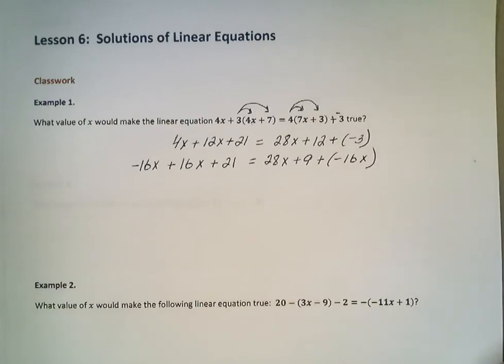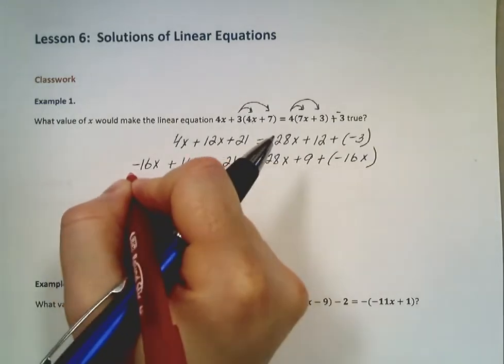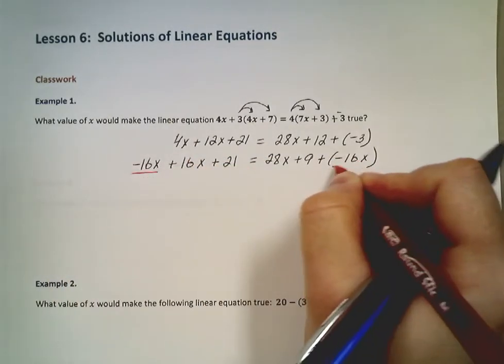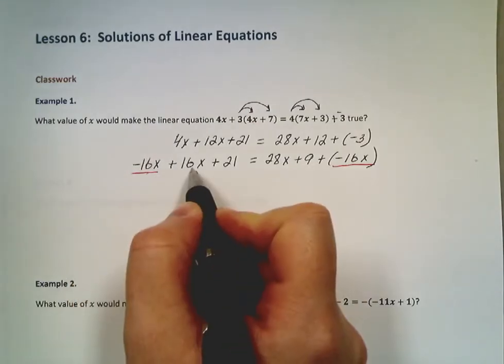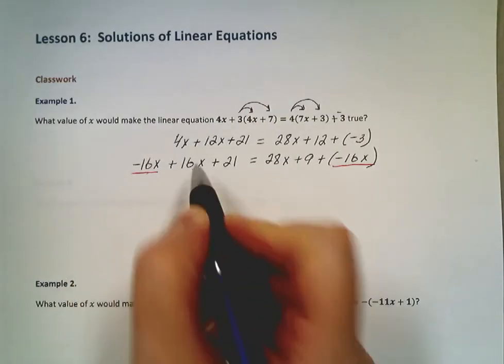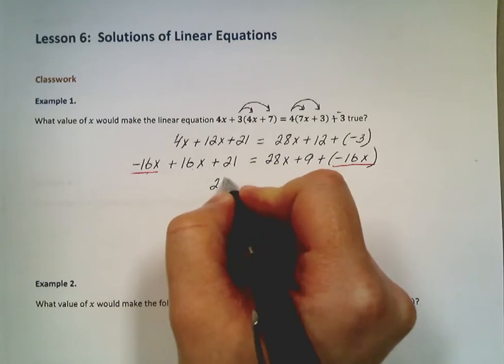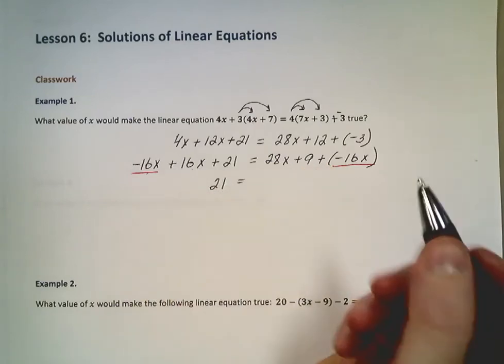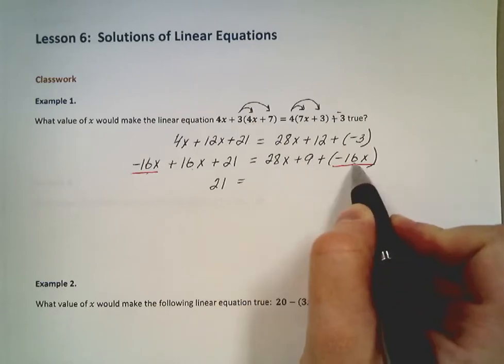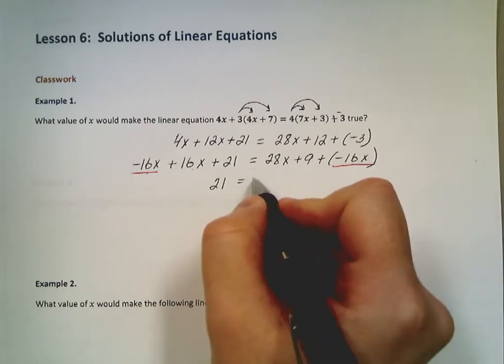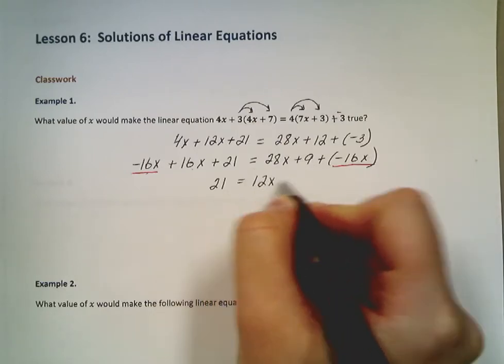Okay, I probably need to do it in a different color though, so I'll just underline it for now. Okay, so negative 16x and 16x make a 0, and I only have 21 left on the left side. On the right side, I am combining 28x and negative 16x, and I end up with 12x plus 9.